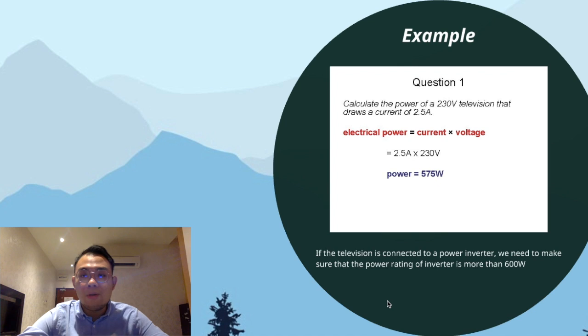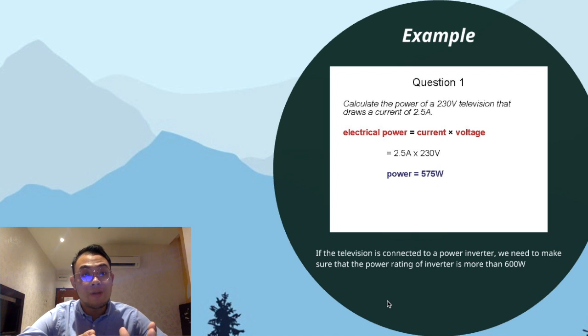We know that electrical power is the product of current and voltage. By multiplying the current and voltage, we get 575 watt. If the television is connected to the power inverter, we need to make sure that the power rating of the inverter is more than 600 watt.